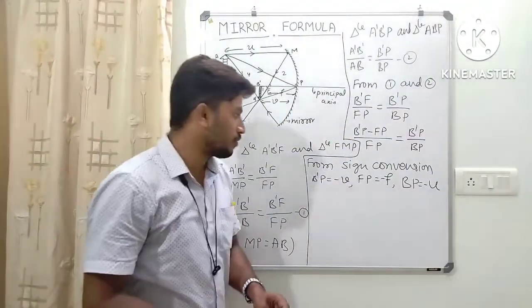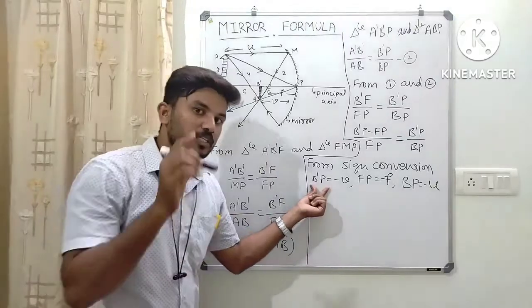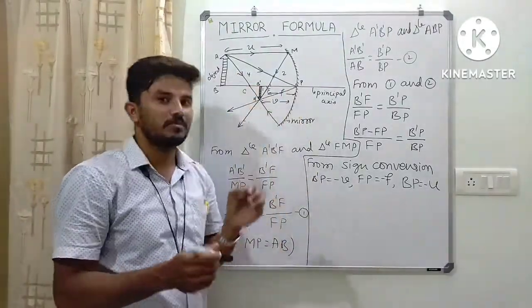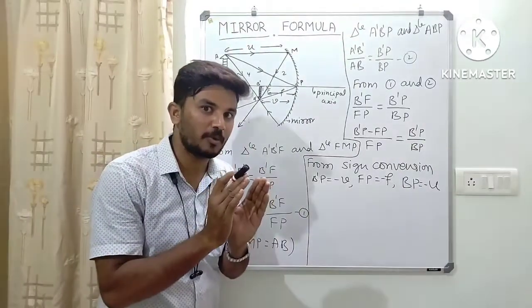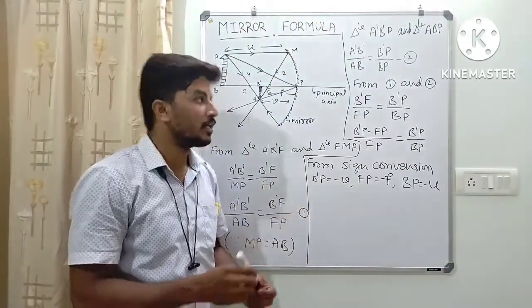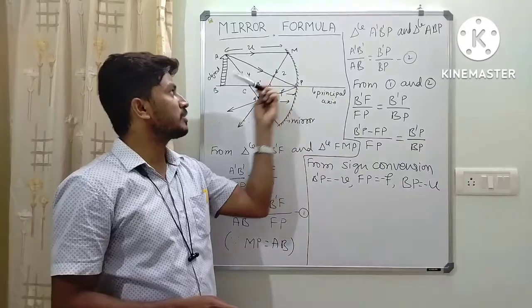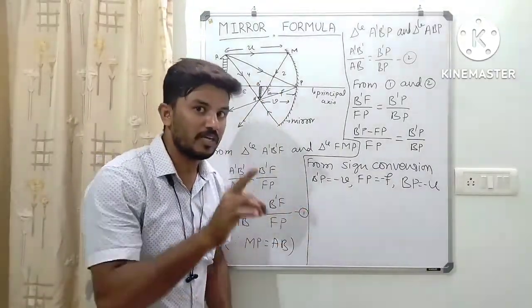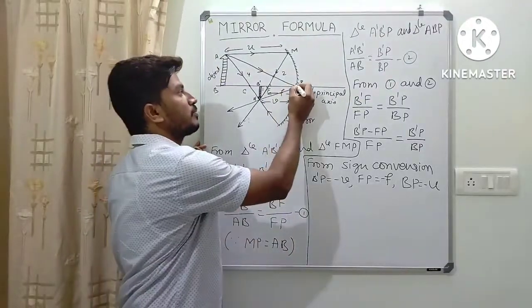Now B dash P is the image distance V, but it is negative because of the sign convention. Study that properly so that you will get this. Distances measured in the opposite direction of the light rays are considered negative, and the distances are always measured from the pole.